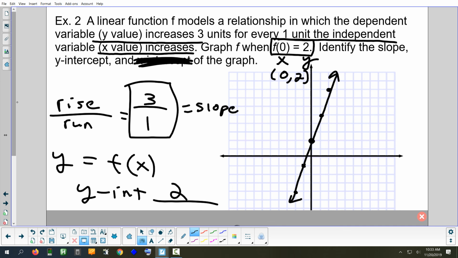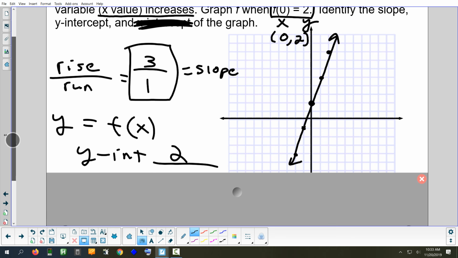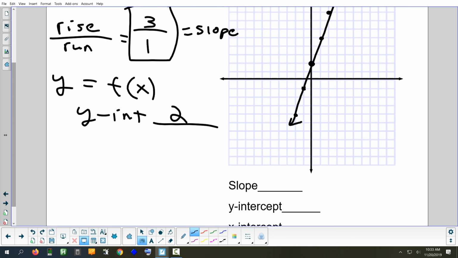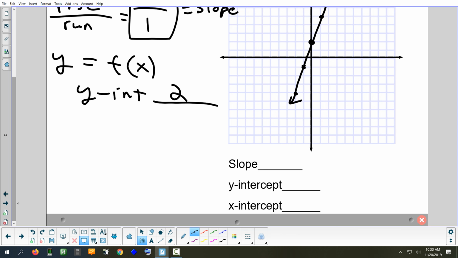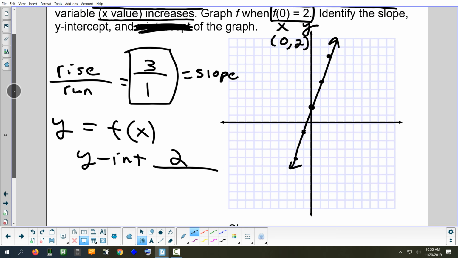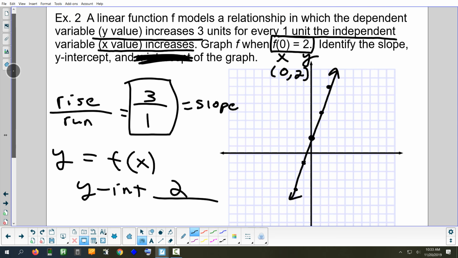It would not be a fun one. So we're not gonna do that one. Actually, I already had it. Slope, we did that. Y-intercept, we did that. Nice lines. Any question on that?